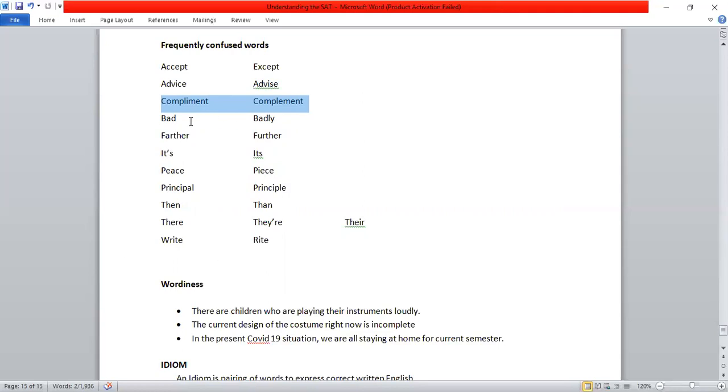This is not a spelling mistake issue. These are not spelling mistake words. That's not tested on the SAT. What they test is similar words that people usually confuse, like accept and expect. Let's say I expected you to perform better.